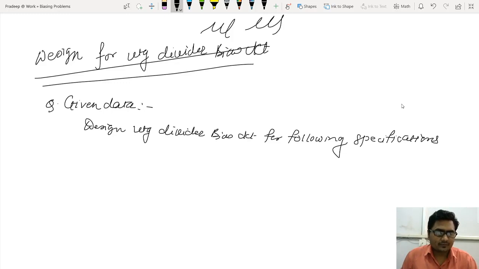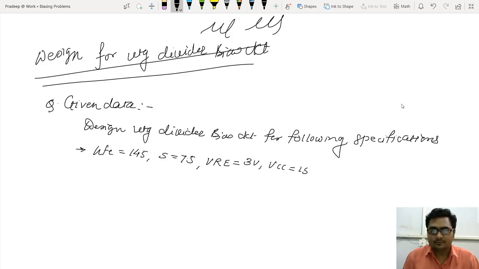So the first specification is HFE, that is 145. What else? Stability factor is given, that is 7.5. VRE, that is the voltage across resistor RE, is specified, that is 3 volt. Then VCC is also given, which is equal to 15 volt. Then Q point is given.